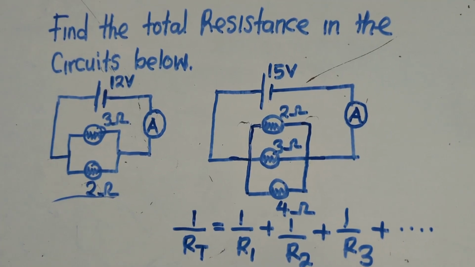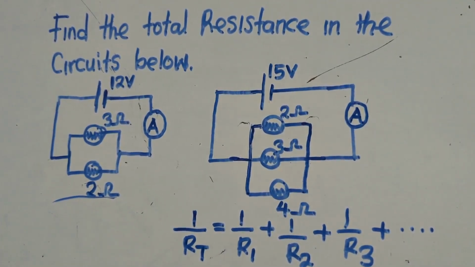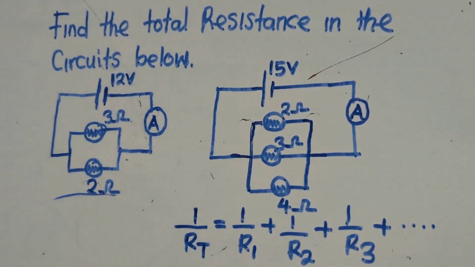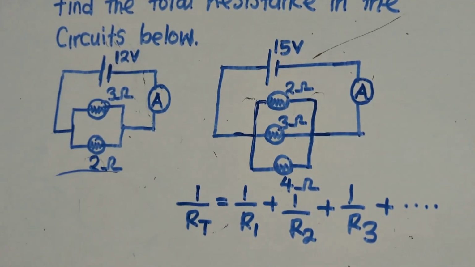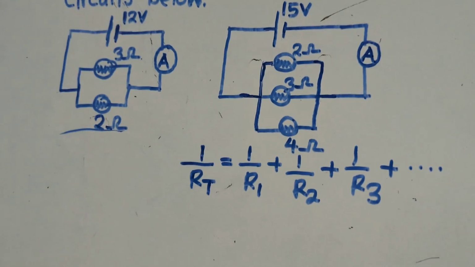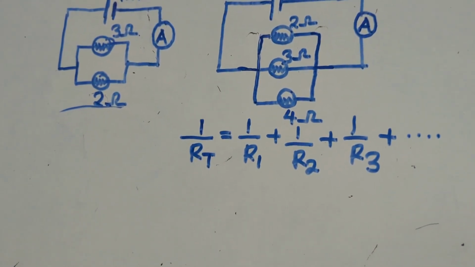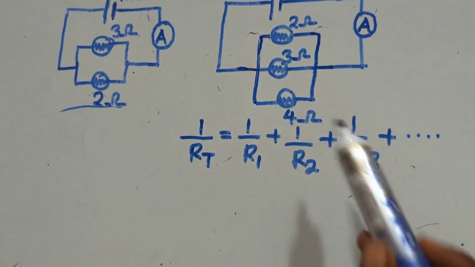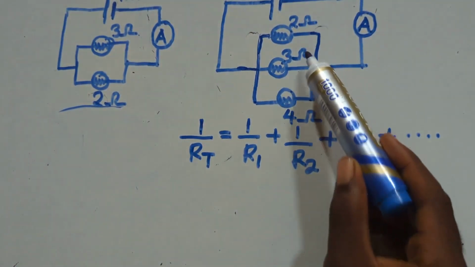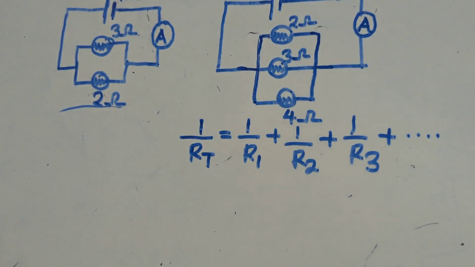With this formula, you can use it even when you have 4 resistors, even when you have 2 resistors. In our question, we are given 3 resistors, so we say this one is resistor 1, this one 2, this one 3. There is no problem.